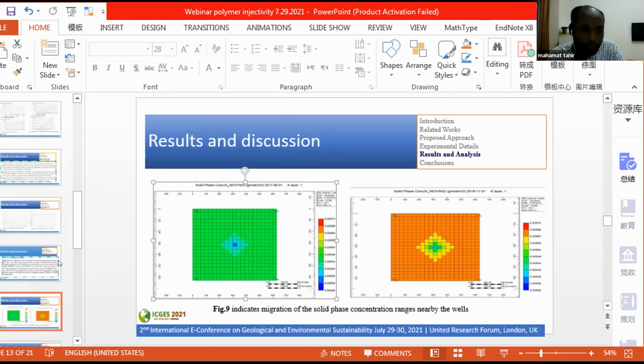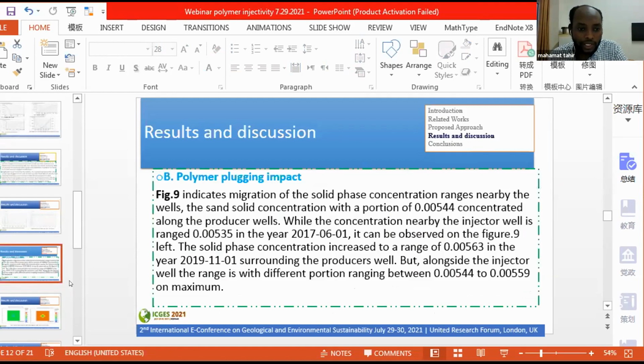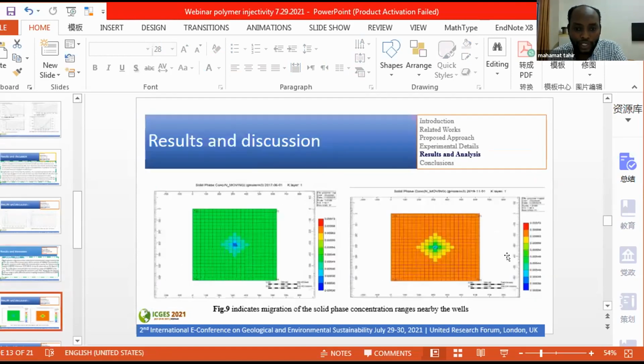While in the next figure, on our right side, the concentration of the solids has completely increased. We can see the rate has increased, both nearby the producer well and nearby the injector well.